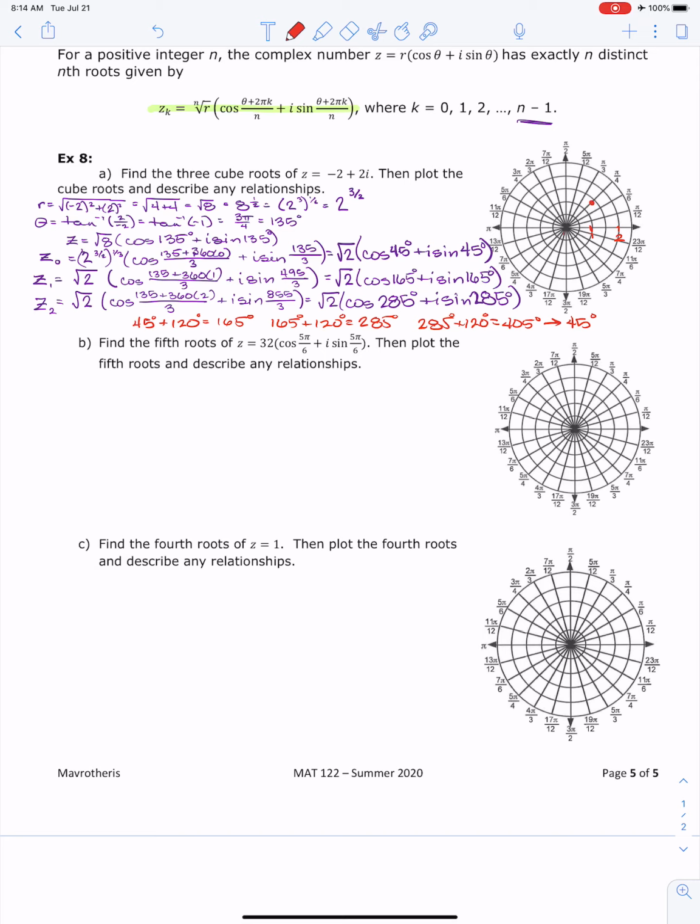Square root of 2 is roughly right here. 165, that's halfway between 150 and 180, so that's our 11 pi over 12. So one roughly here. And then 285, that's 270 plus another 15. So I'm looking at right here. Notice these 3.